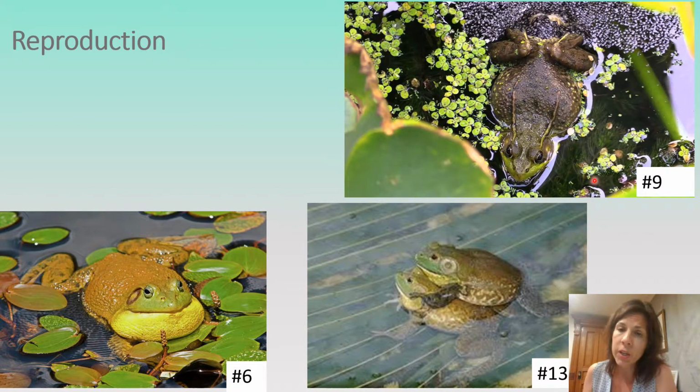Now, if you think that your kids need another scaffold, you could always put a label on the picture, like female bullfrog depositing her eggs, right? Or male bullfrog calling to his mate, right? And that way, kids would have the vocabulary right in front of them, right? And then they could use that as a scaffold to start talking about the larger concept, which is the semantic category of reproduction, of adaptation.